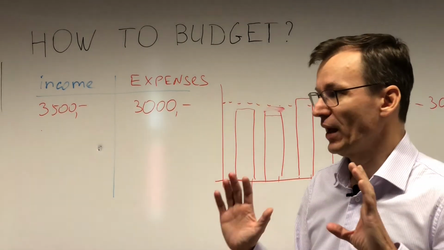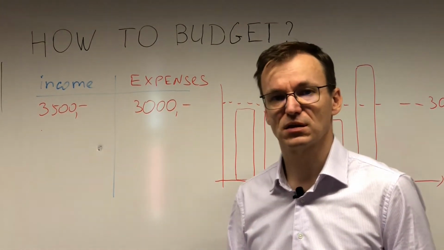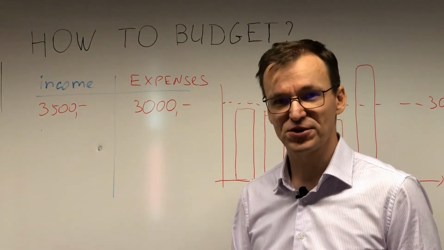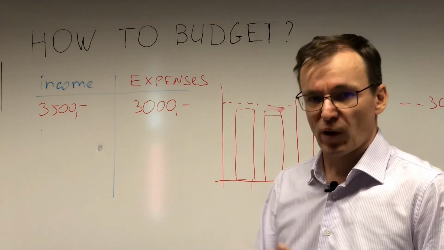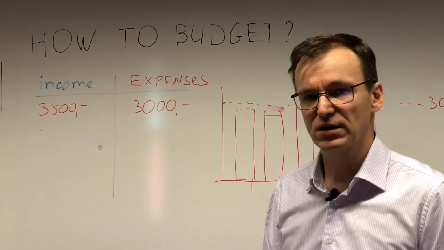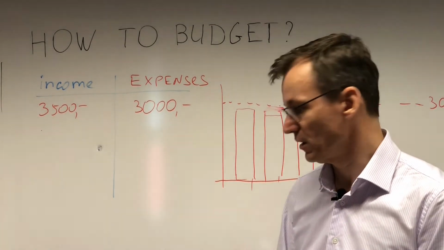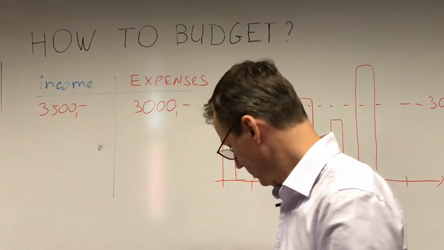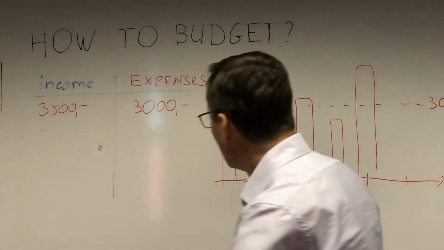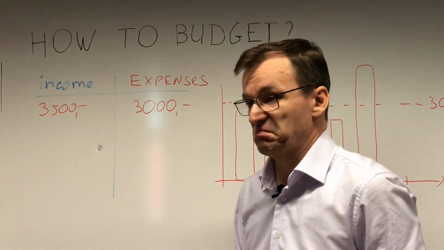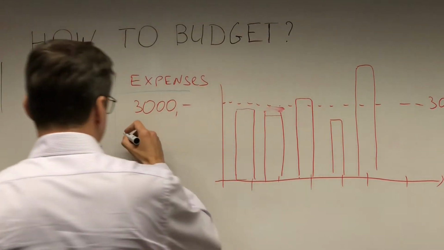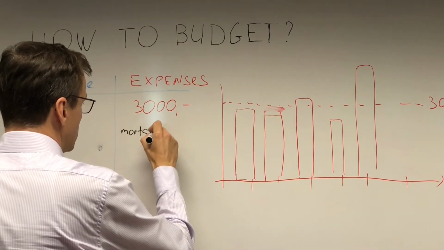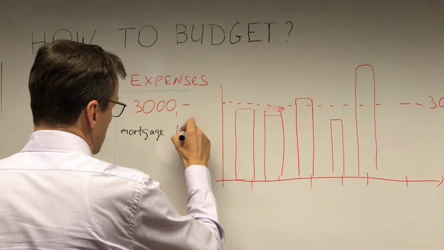And the minimal amount of time is at least one month, one previous month, for example. Take all your records, so all your transactions, and you go one by one, you just have a look at it and you give it a meaning. For example, maybe first you pay mortgage, like 1,000 per month.